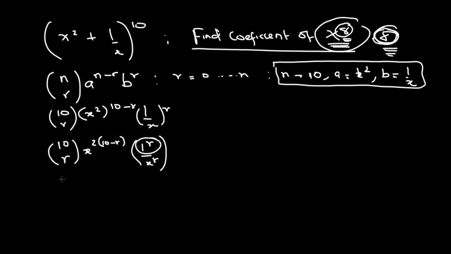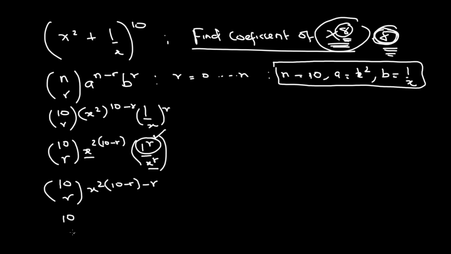So what can we do here? We can say that we are still going to say 10Cr, like that. Then this is going to be x squared, because the bases are the same, so we're going to say 10 minus r, but this is dividing, so we're going to say minus r again, like that. And then this we said is equal to 1. So that ends.